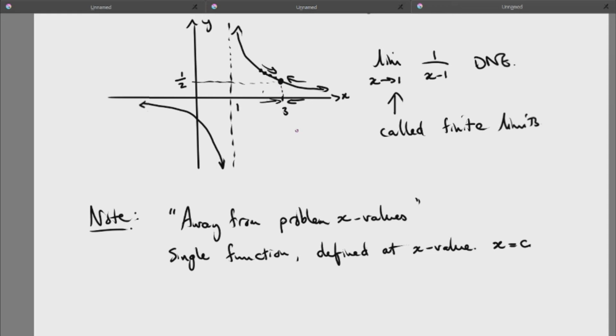There's no issue. I can plug it in, I get a y value, everything around it is good.